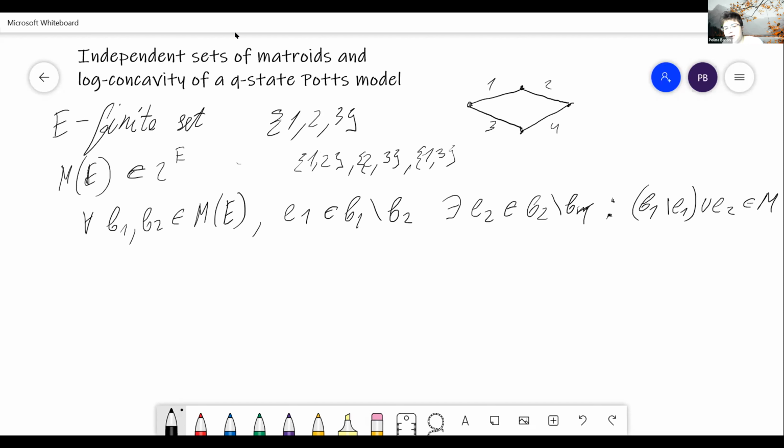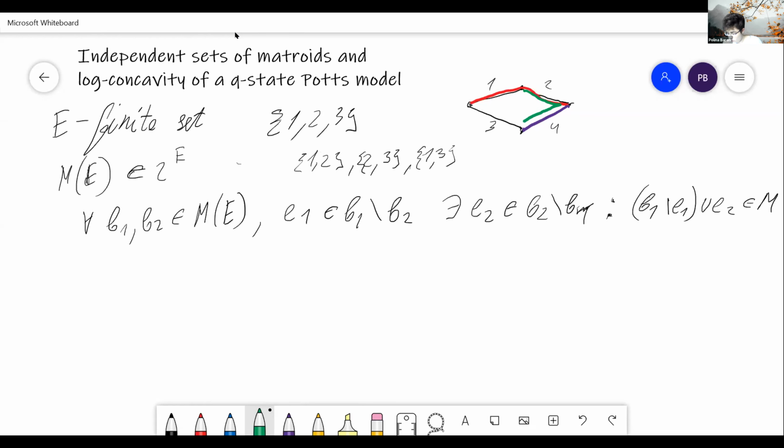So for example, here I can consider this tree, and I can consider this tree, which will also make me consider this tree, and so on.